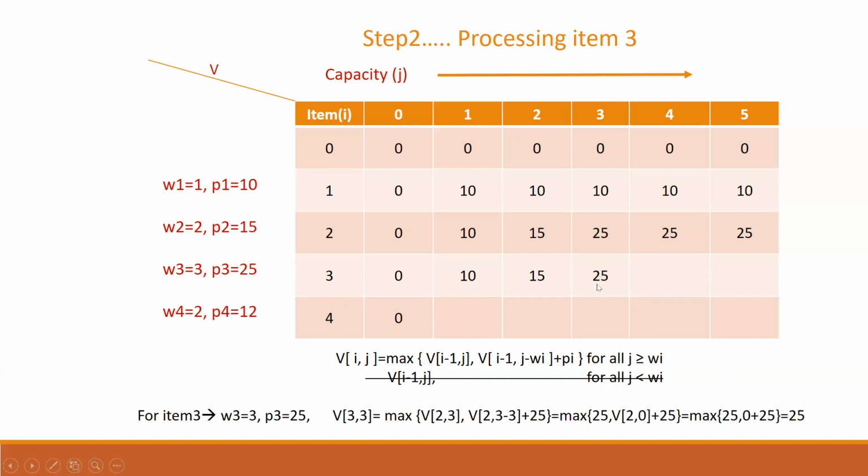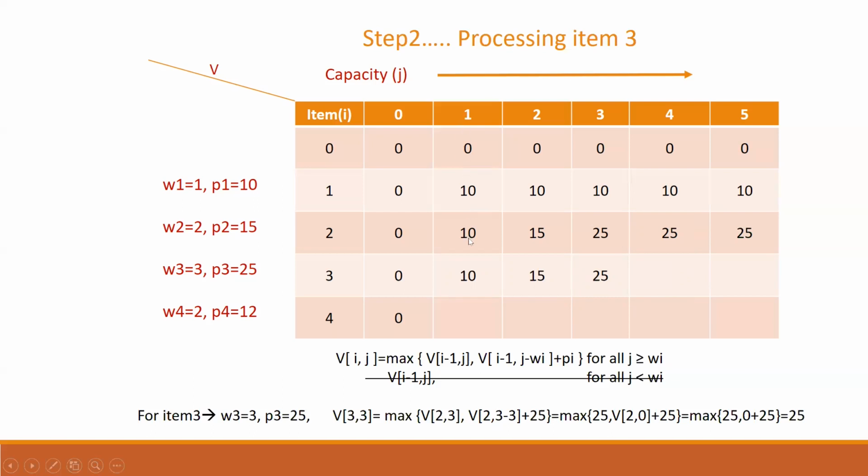Item 3 is filled. In each row we have to consider whether this item is selected or not. Since its weight is equal to the knapsack capacity, we can hold these items. If you take the knapsack with capacity 4, we can hold item 3. So there is 1 kg left out.